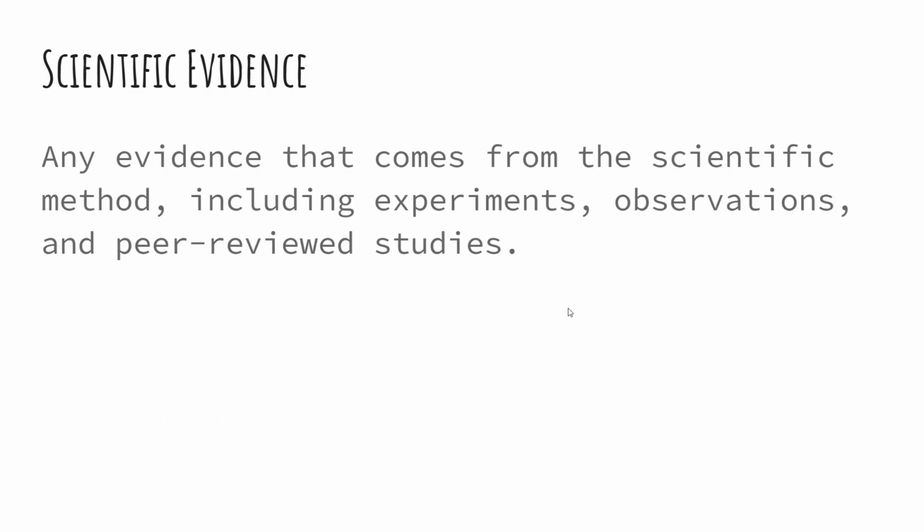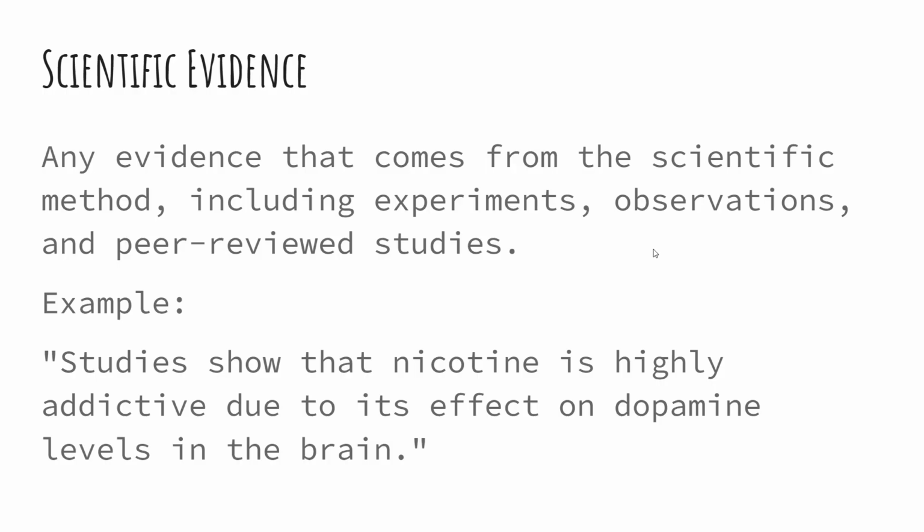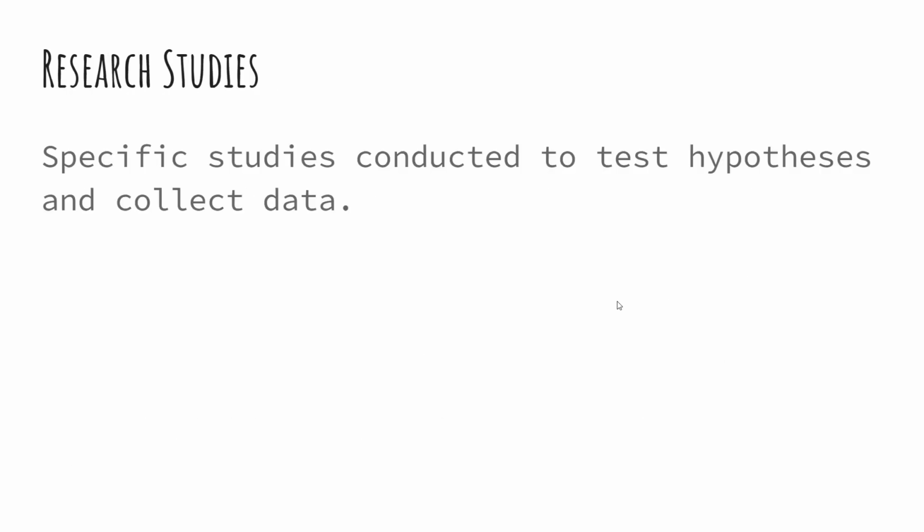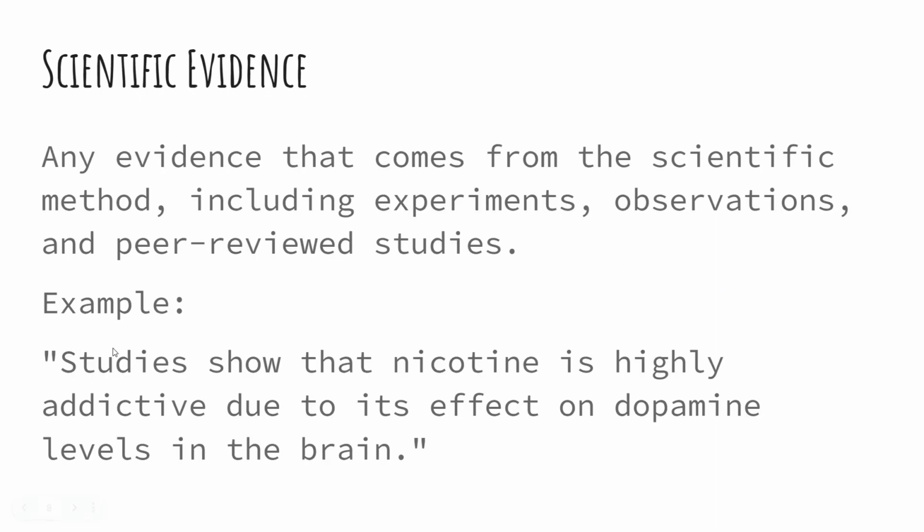All right, then we have scientific evidence. So any evidence that comes from the scientific method, it could be experiments, it could be observations, could be studies. So, "Studies show that nicotine is highly addictive due to its effect on dopamine levels in the brain." And then we have research studies, and they overlap a little bit, but a research study is probably going to mention the very specific study, whereas this one just says studies show, and it's more general.